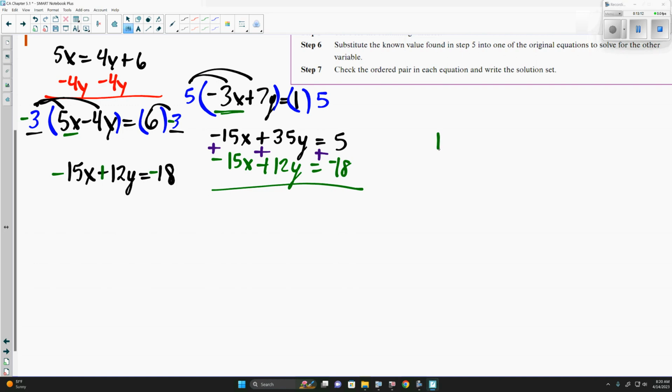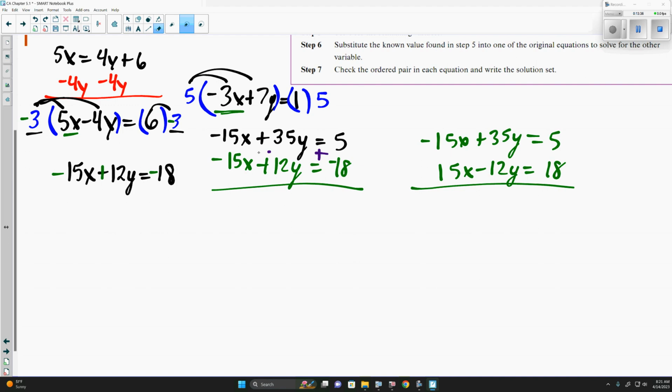Now, negative 15x plus 35y equals 5. If we just use 3, the signs are opposite, yes? But this time, instead of adding, we would, or sorry, here I have it backwards. If the signs are the same, we subtract. If the signs are opposite, we add.